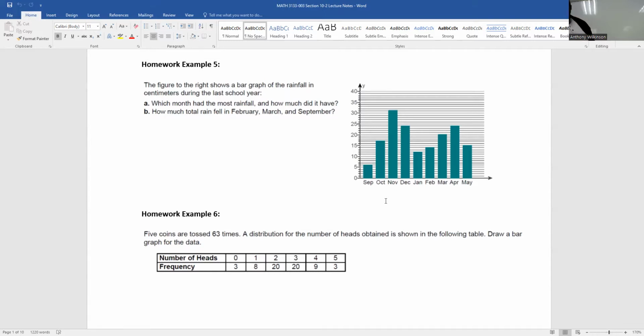And how much total rain fell in February, March, and September? Did you say February, March, and September? Yes. Okay. Let's see. In February, there was 14 centimeters.